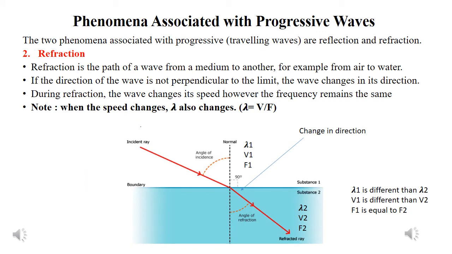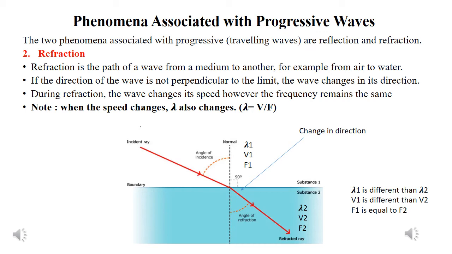Number 2, refraction. Refraction is the passage of a wave from one medium to another. For example, when light waves cross from air to water. If the direction of the wave is not perpendicular to the limit, as seen in the picture, the wave changes its direction. During refraction, the wave changes its speed, however, the frequency remains the same. Note, when the speed changes, the wavelength also changes. So observe the figure.